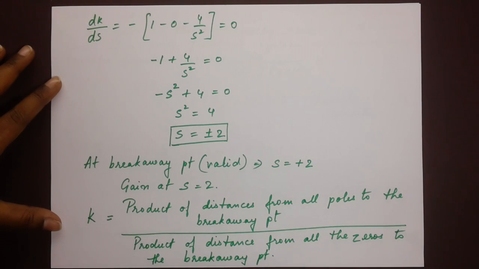Okay, now this is a ratio that you will have to remember. K is equal to the product of distances from all poles to the breakaway point divided by the product of distances from all the zeros to the breakaway point.